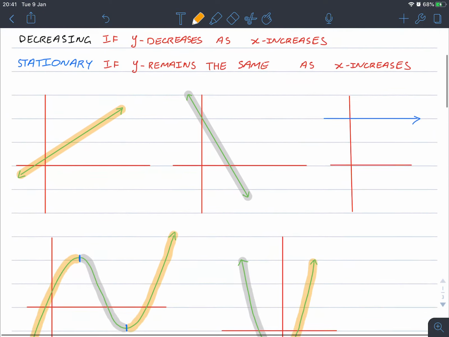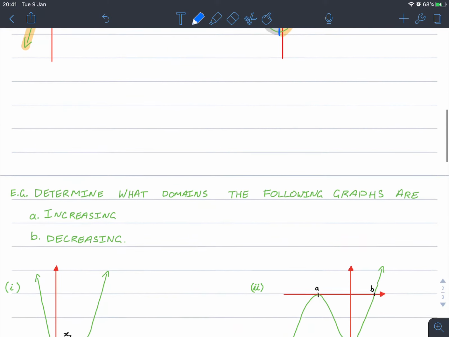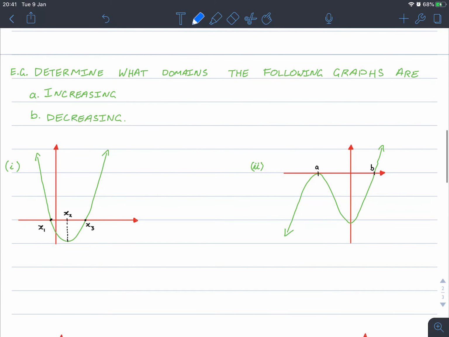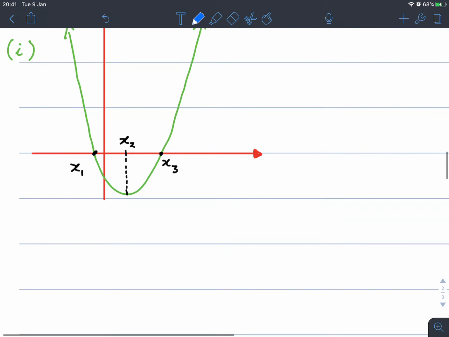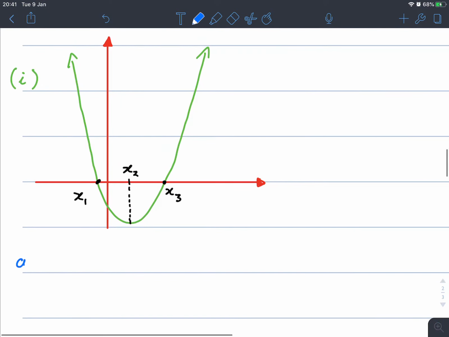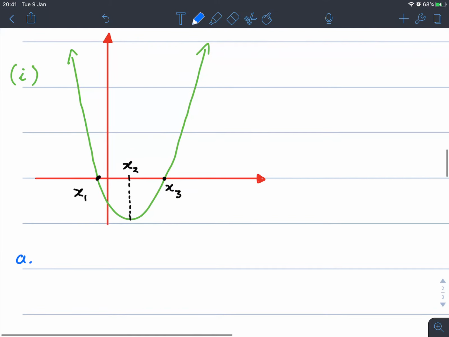Now let's take a look at some examples of how we can find points where the function is increasing or decreasing. Determine what domains the following graphs are: A, increasing, B, decreasing. So let's look at the points where this is increasing. This point here where it's turning is a stationary point.